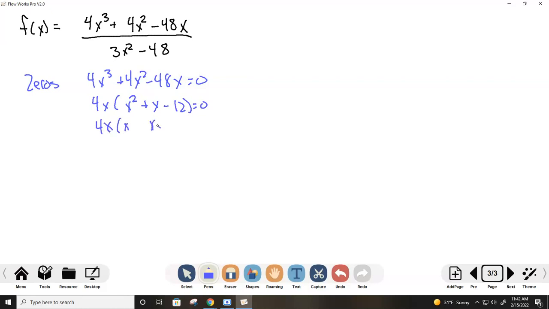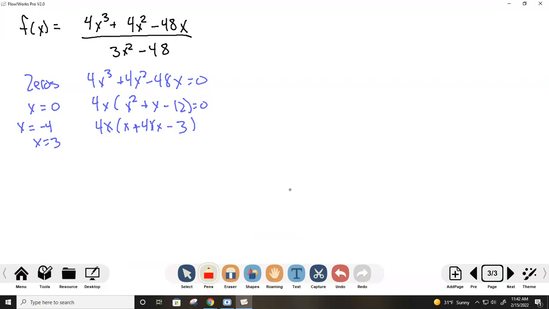So that's going to be x and x, plus and minus, so we'll go plus 4 minus 3. So you have a 0 at x equals 0, a 0 at x equals negative 4, and a 0 at x equals 3.